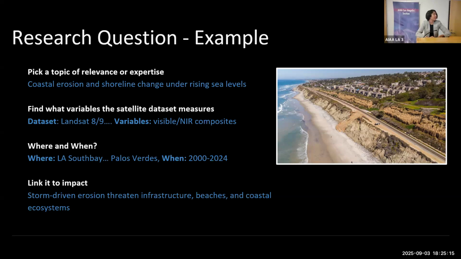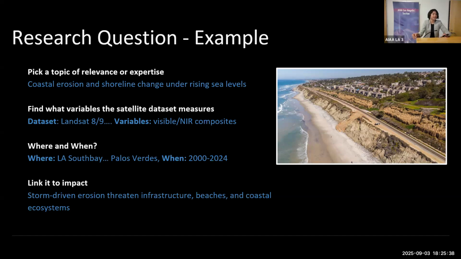Where and when: I wanted to specialize in the Los Angeles South Bay, and specifically Palos Verdes, because Palos Verdes has a very significant coastal erosion issue where you can see the entire coastal cliff face. It looks like an avalanche of rocks can form at any time.